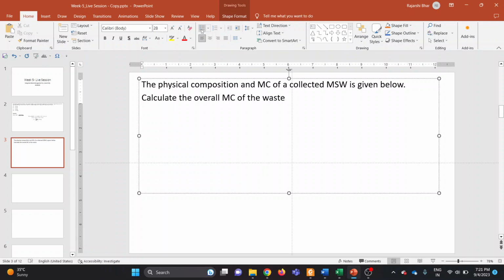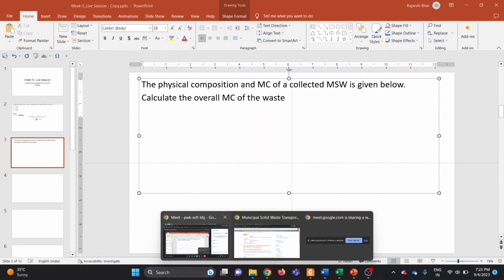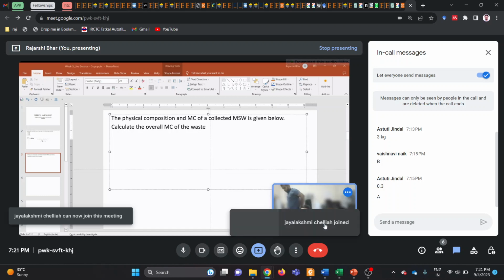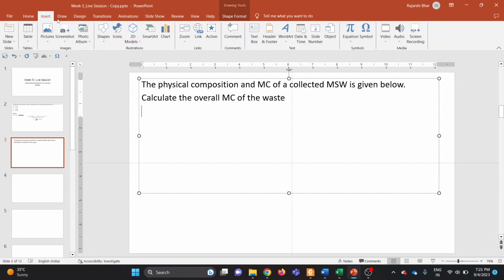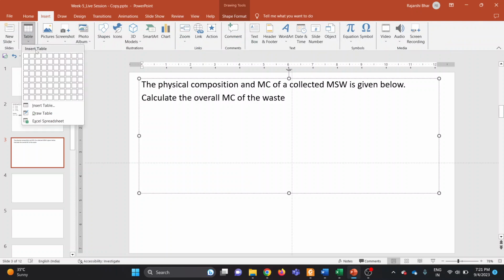So individual moisture content of different components of the municipal solid waste will be shared with you, and you will have to calculate the overall moisture content. So I will just share the value and tables.